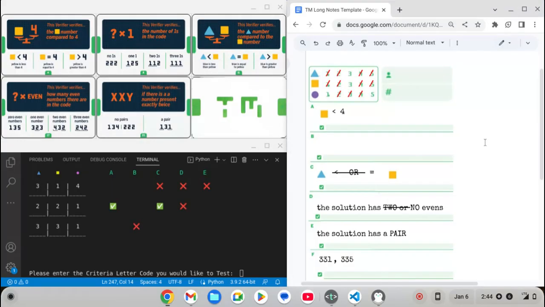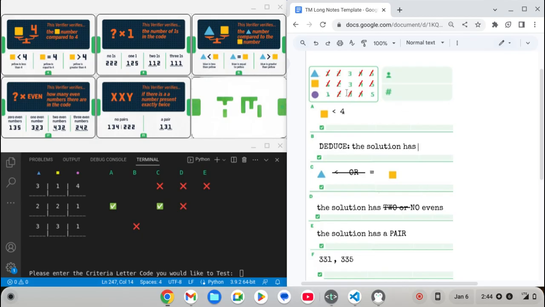So here we're going to type up that we're going to deduce the solution has no 1 digit. So it does look like our solution is 335.